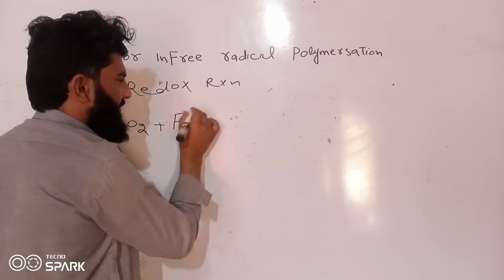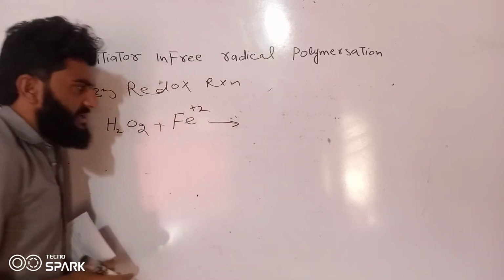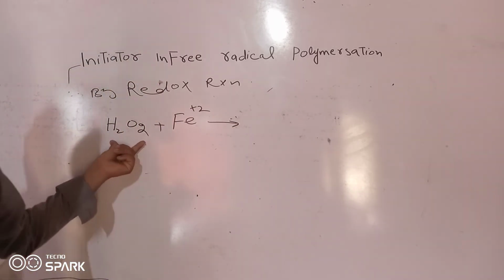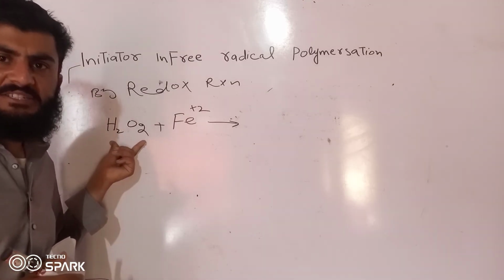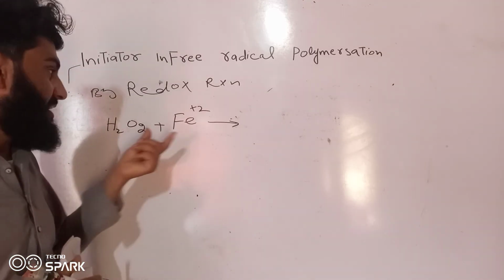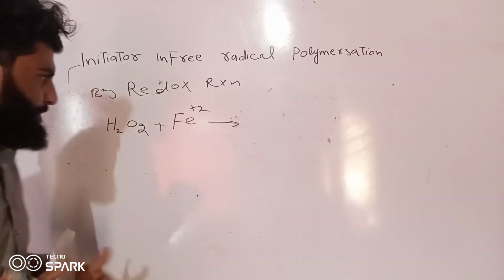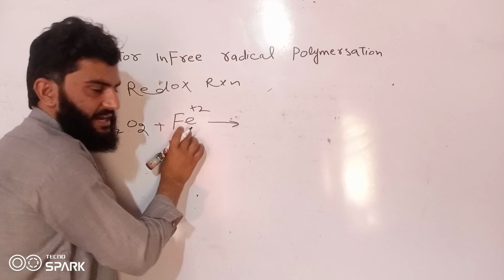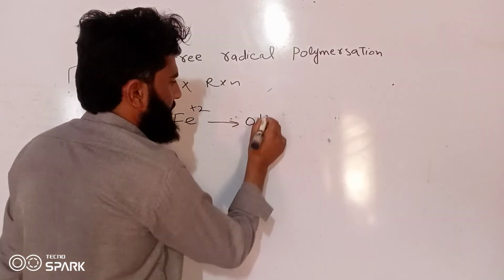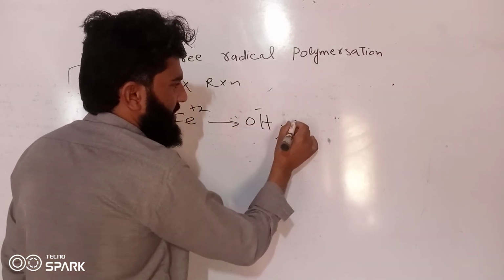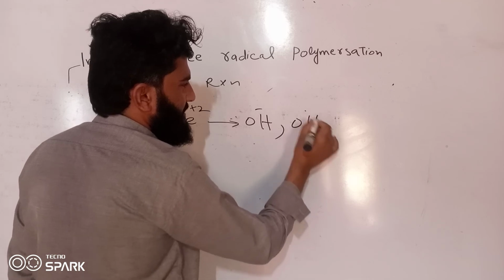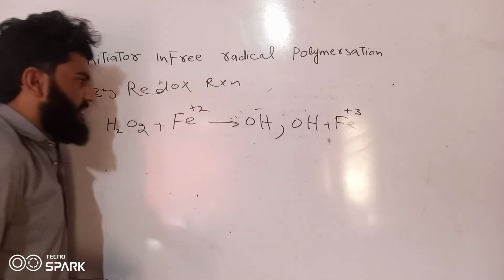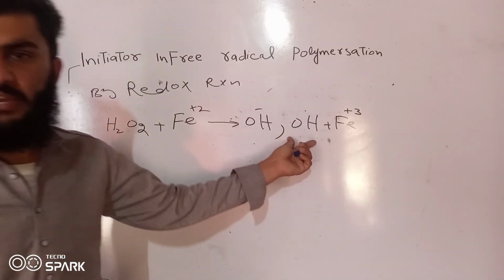When this reacts with Fe2+, hydrogen peroxide, an oxidizing agent, can obtain an electron from it. So when this reacts with the metal ion, we obtain a hydroxide ion, this radical, plus Fe3+. Okay, so this is our initiator.